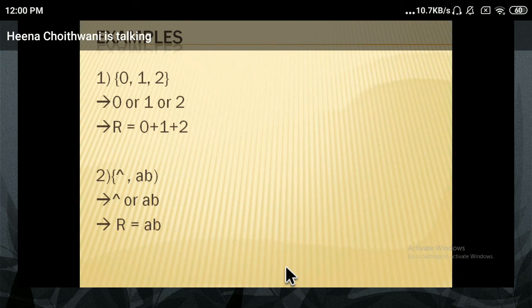I'm using the union operation here. We have seen a singleton symbol is a regular expression, and if you take the union of these symbols, that will also be a regular expression. So my expression is 0 plus 1 plus 2. This is how you have to convert your language into a regular expression. Easy, I'm using my union here.